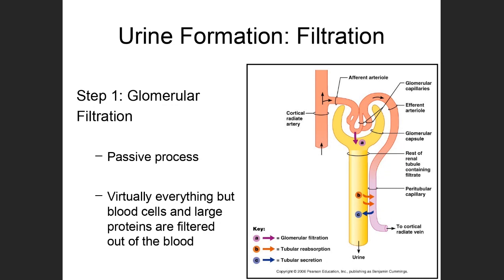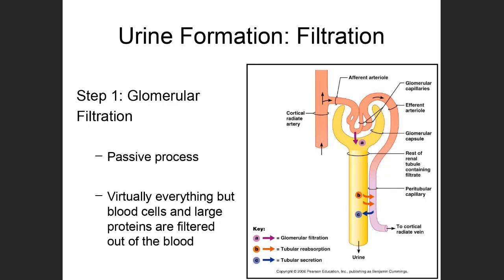If you look at this picture over here, we've got an artist's very simplified representation of this area. So here's our glomerulus. Here's that glomerular capsule and the rest of the renal tubule that the glomerular capsule is actually attached to. I want you to notice something that isn't exactly portrayed well in this particular diagram, but I want to talk about it a little bit, and that is the afferent arteriole and the efferent arteriole.